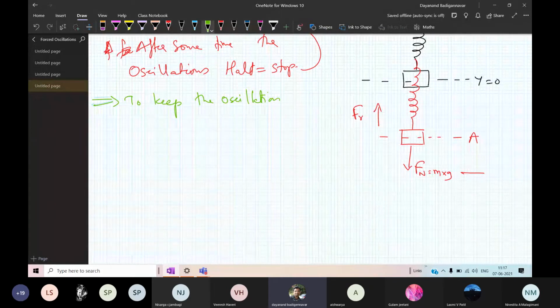I have to apply a periodic force. First, I will tell you a force is applied. Which type of force? That is very important. That is called the periodic force. So the periodic force you have to apply.